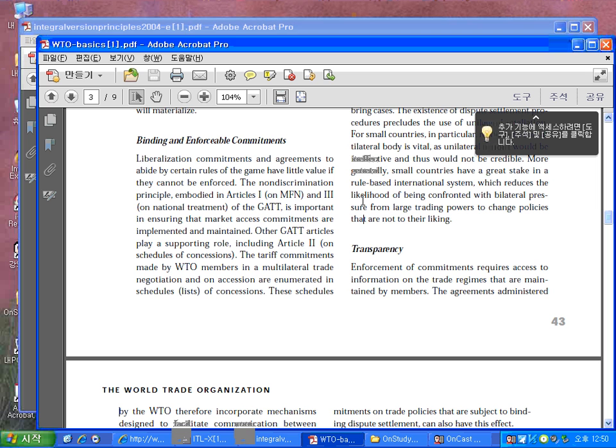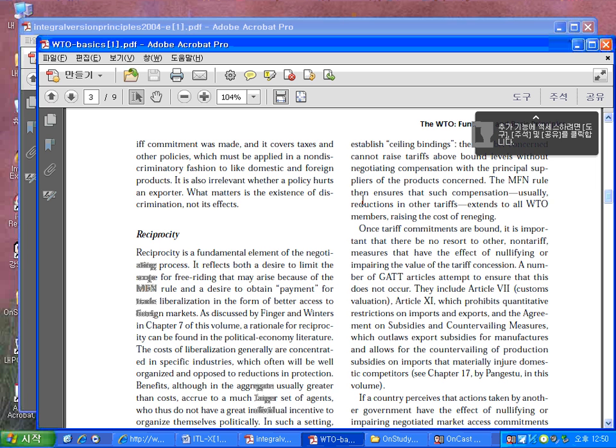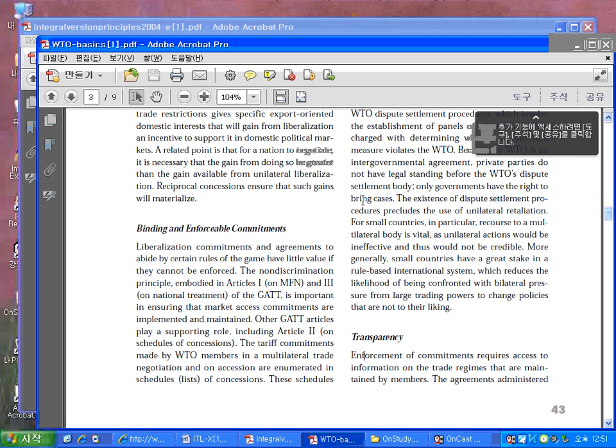And notably, one of the new concepts and principles now patronized by WTO and respected by many concerned nation states and trade states and diplomats would be transparency.